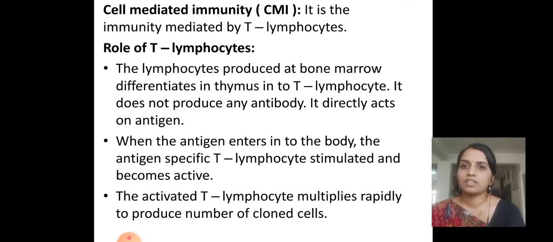When the antigen enters the body, the antigen specific T lymphocyte is stimulated and becomes active. So once the antigen enters the body, the specific T lymphocyte will get stimulated and become active. The activated T lymphocyte multiplies rapidly to produce a number of clone cells.